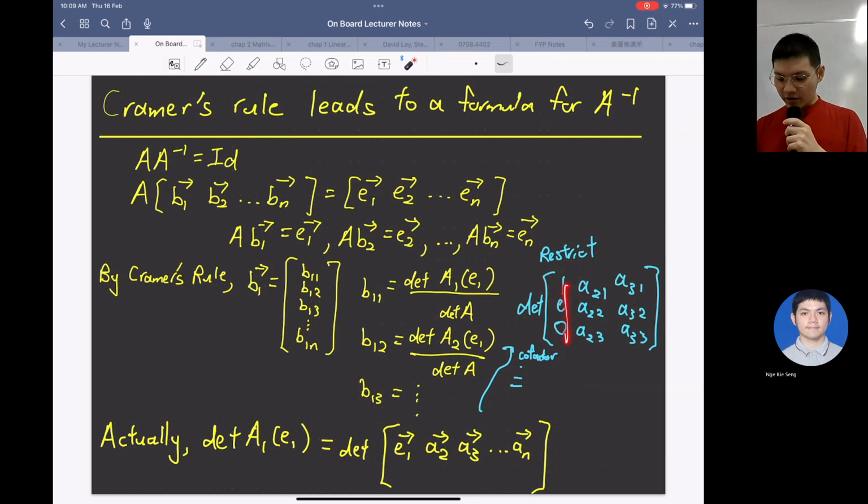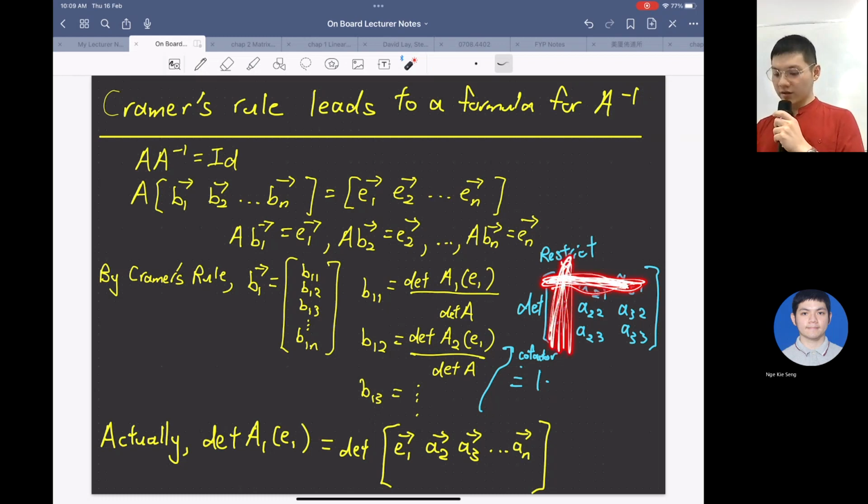If you expand along here, what do you get? You have the 1 multiplied by the minor that you get by removing the first row and the first column, which is the determinant of A11.